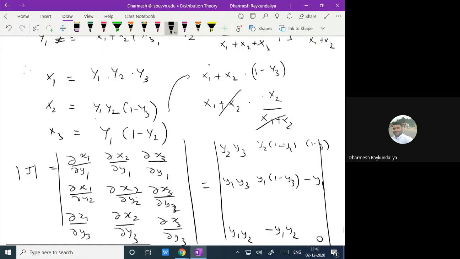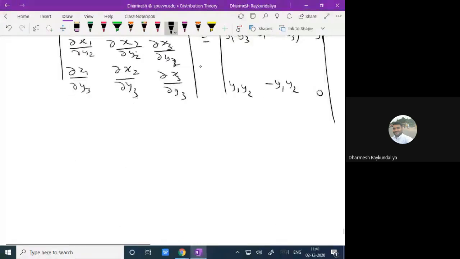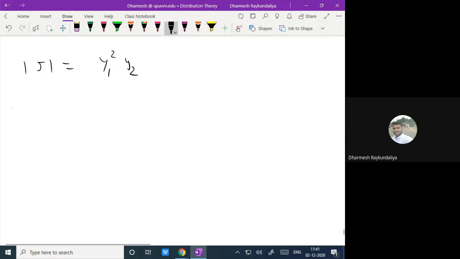So when you solve this, the Jacobian answer is minus y1 square y2. So therefore, the absolute value of the Jacobian is y1 square y2. Okay. So what is the joint density of y1, y2, y3?